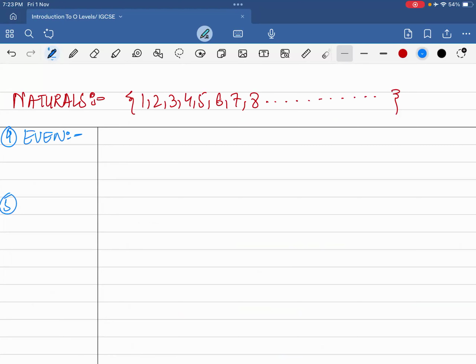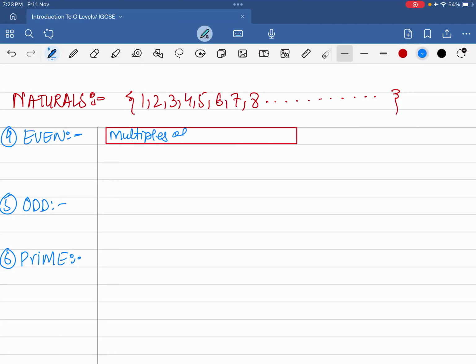Family number 5 is the odd family. Family number 6 is the prime family. Let me explain them, then I can write the rest. For the even family, we have to write something in the form of a sentence first. Even numbers are those numbers which are multiples of 2, which are divisible by 2. Agree or not?